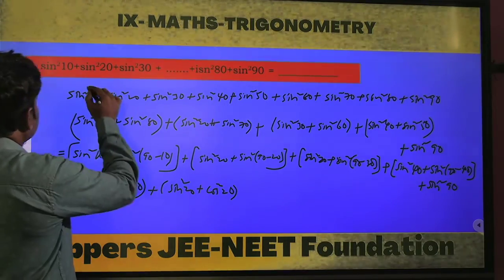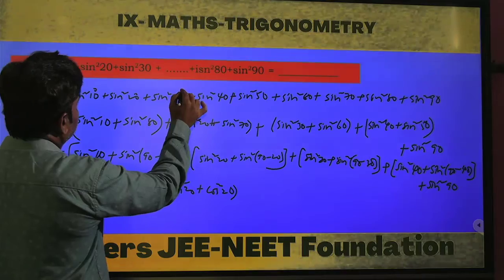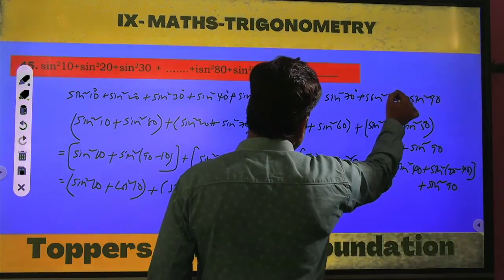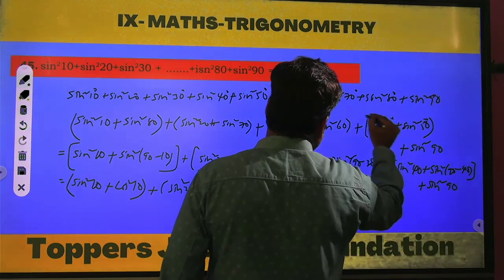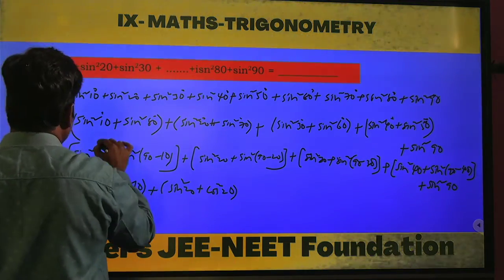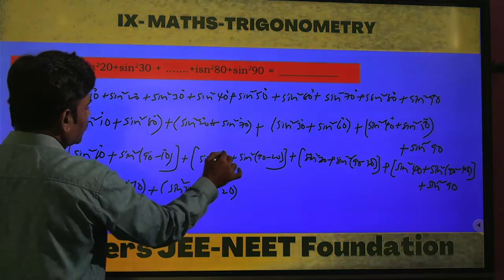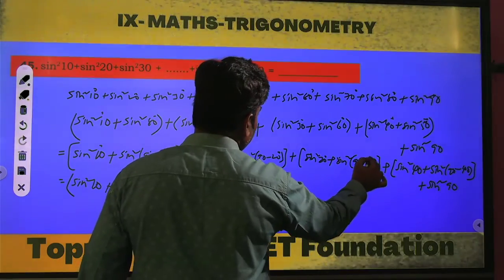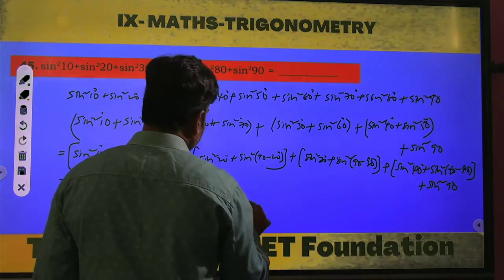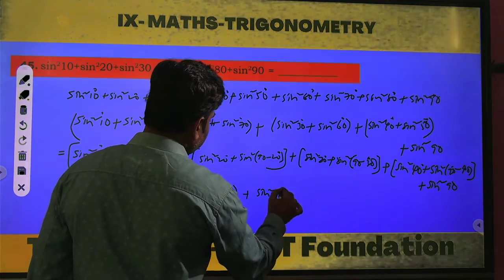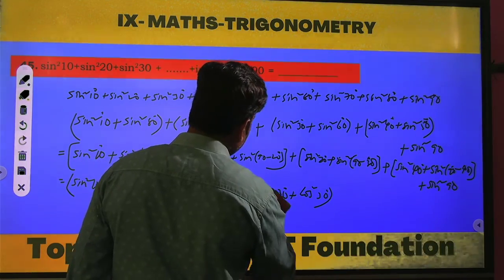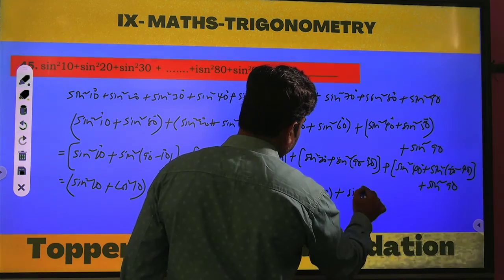You can take degrees also in the question. Plus sin square 30 degrees plus cos square 30 degrees plus sin square 90 degrees.